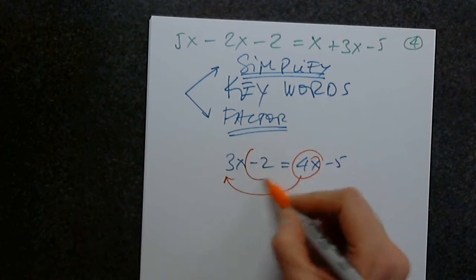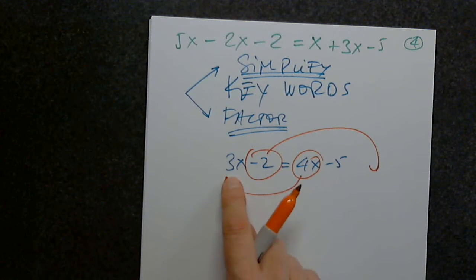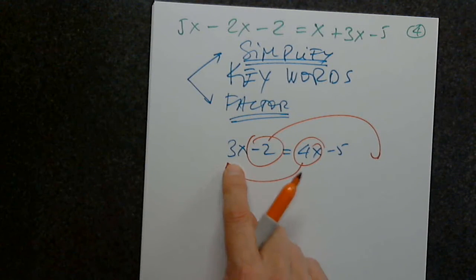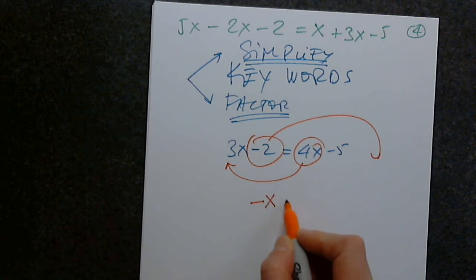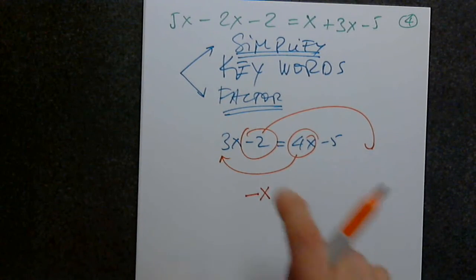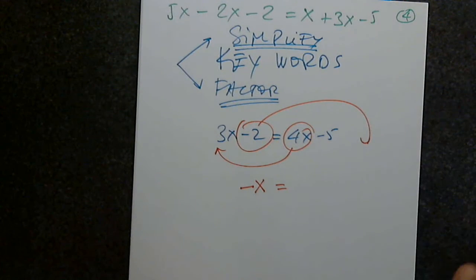Excellent. I prefer keeping the variable on the left. You can say, I want it on the right. Fine. There is no problem. But when I move 4x to the other side, it becomes 3x minus 4x is? Negative 1. Excellent. When I move -2 to the other side, it becomes? So -5 plus 2 is?